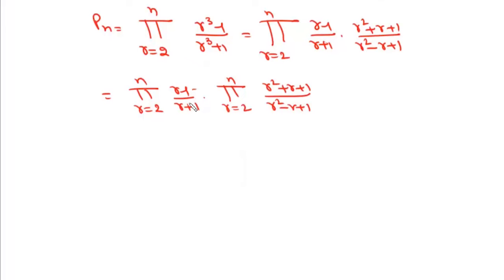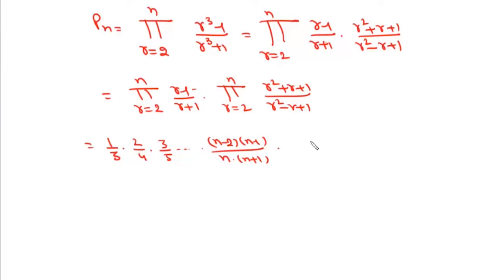That means terms will cancel after 2 terms. So if we put r as 2, it will be this 1 by 3 and 2 by 4, 3 by 5, and it will go all the way up to n minus 2, n minus 1, and here will be this n and n plus 1.